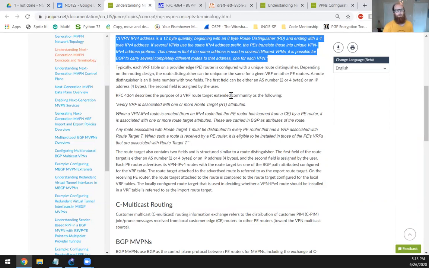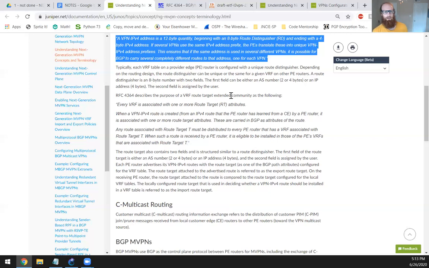A route distinguisher is an 8-byte number with 2 fields. The first field can be either an AS, 2 to 4 bytes, or an IP address, 4 bytes. So it's got to be an IPv4 address because you've only got 4 bytes. The second field is assigned by the user.